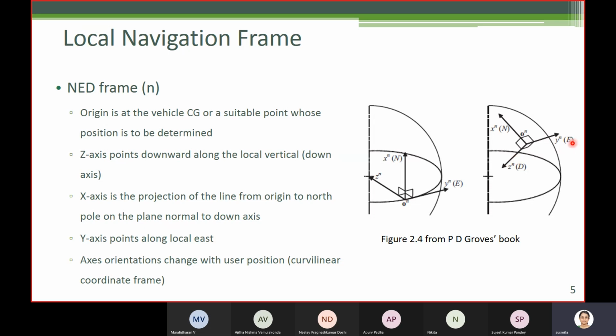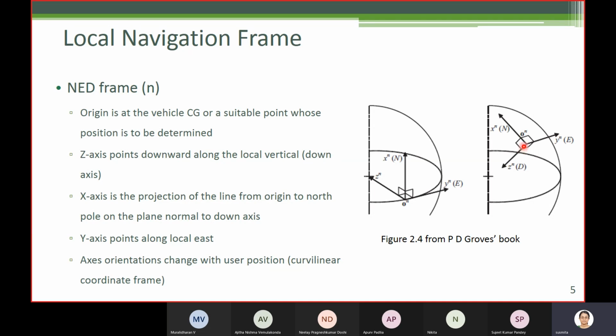Now, if we want the x-axis along east and the y-axis along north, then we cannot have the NED frame. Rather, we should have east, north, and up. Again, if you orient the fingers, with the thumb pointed along east and the forefinger along north, for a right-handed coordinate frame the middle finger should be up.